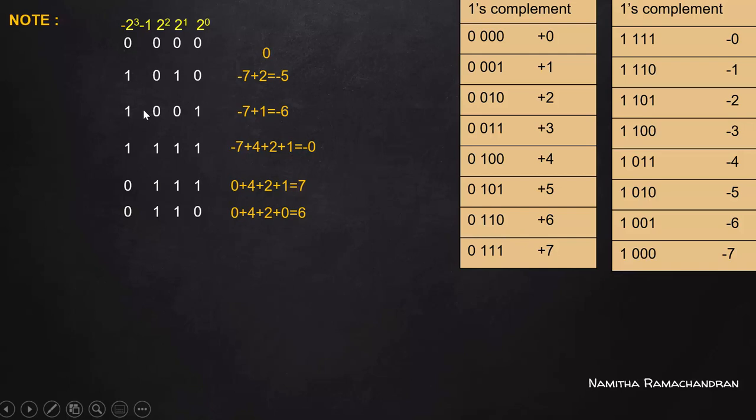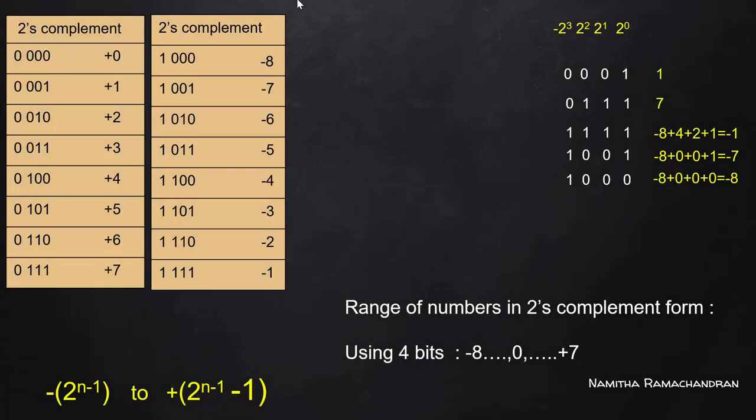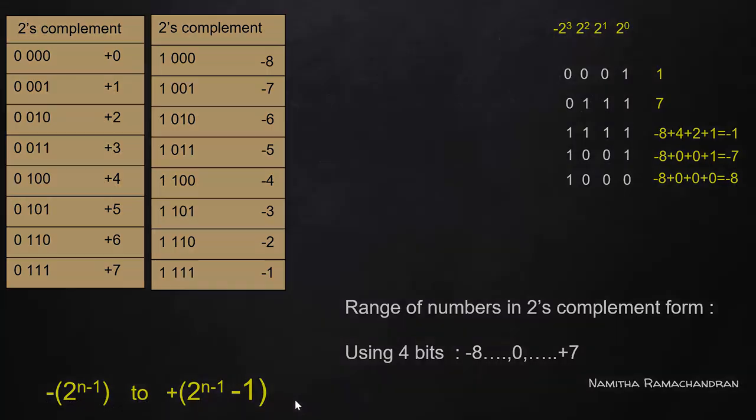If your number is given in one's complement form and you are asked to find its value, we can consider the positional weightage like this in one's complemented form and this in two's complemented form. This is based on our range values.